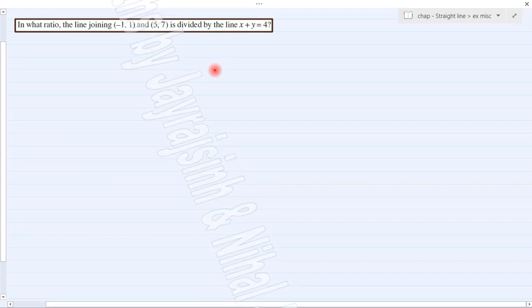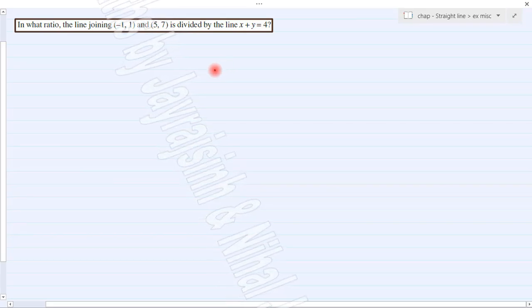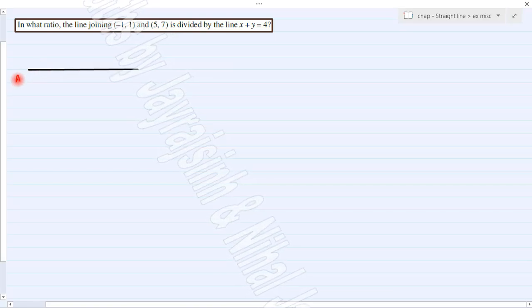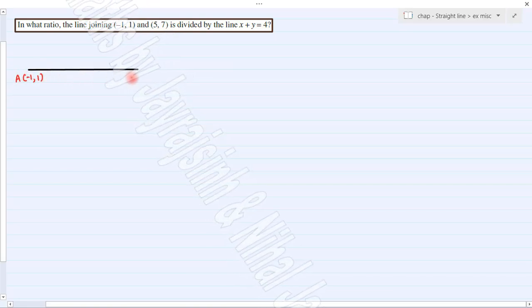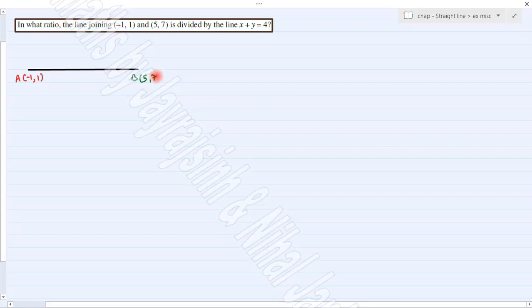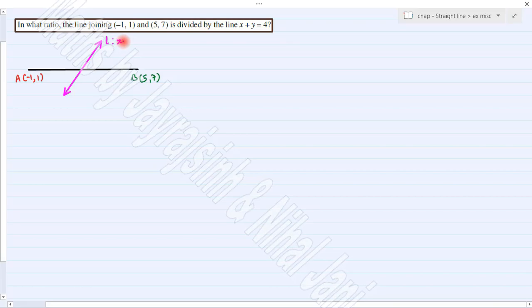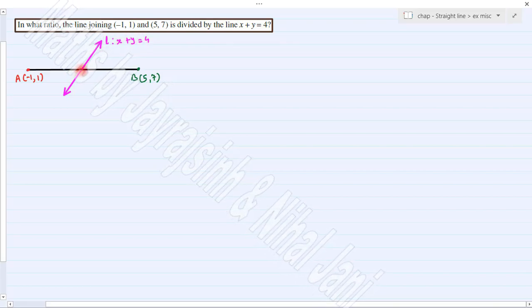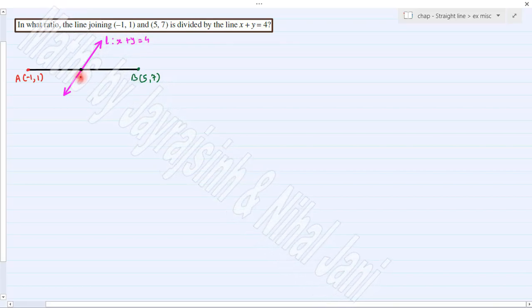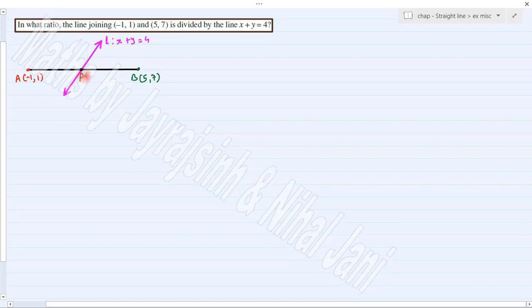In this question, we have to find in what ratio the line joining points A minus 1, 1 and 5, 7 is divided by the line x plus y is equal to 4. So, to find the ratio, we have to find the dividing point.